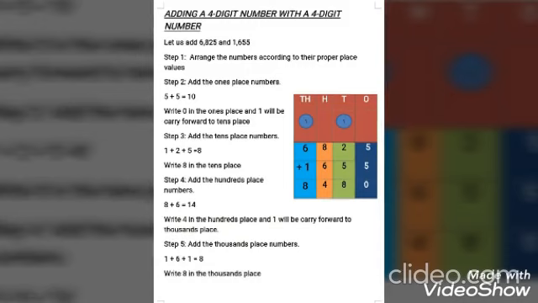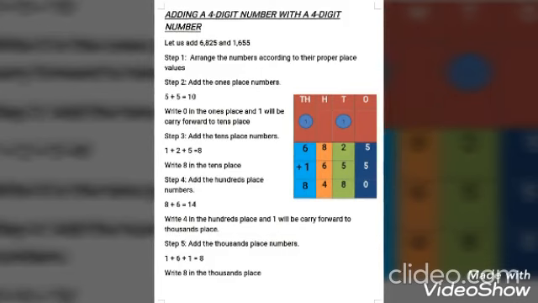So 5 plus 5 is equal to 10. And you know, when we add two numbers and if the sum is equal to 10 or greater than 10, carryover is required. So we will write 0 under ones place and 1 will be carried forward to tens place.